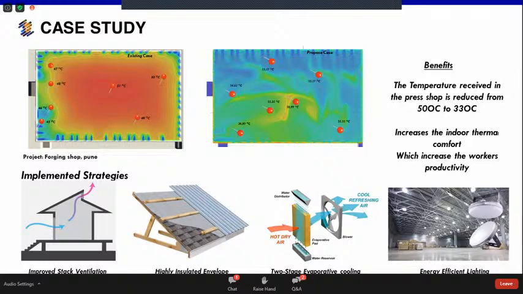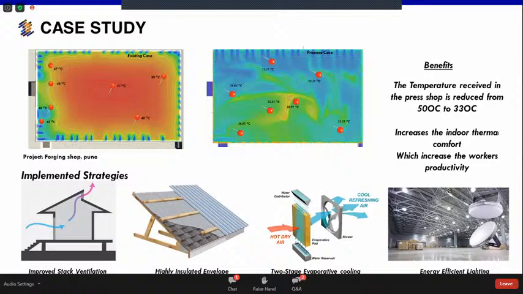Then we added an insulated envelope that helps to reduce the heat ingress into the building. Since it is a forging shop, cooling down the whole space is not viable. So we achieved around 35 to 38 degrees Celsius from 51 degrees Celsius.